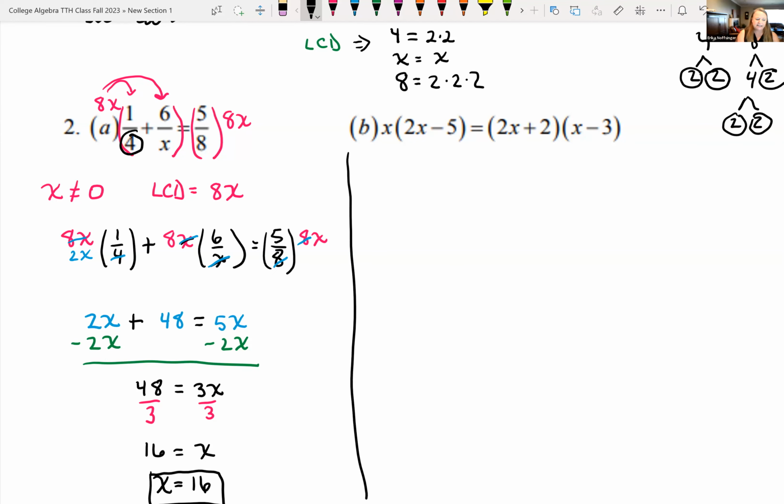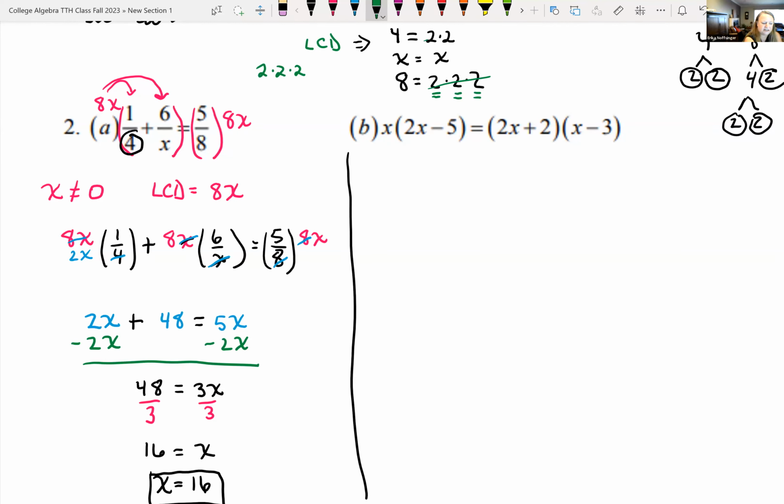So for LCD, you look at the most times any factor occurs in the prime factorization. So the most number of times that a 2 occurs in any denominator is 3 times. So for the LCD, I need 3 2s.